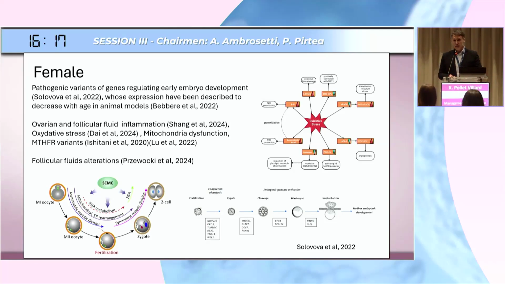And there are families with this kind of mutation, especially in a complex called the subcortical maternal complex, a family of genes and proteins that regulate the first division of the oocyte, but also early embryo development, and some mutations are associated with early embryo development arrest. But these are really seldom cases.